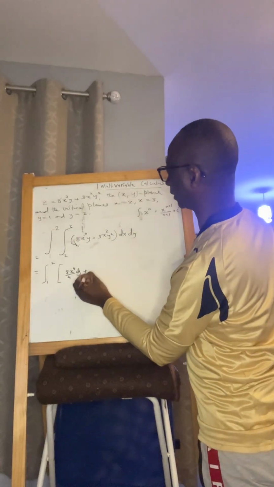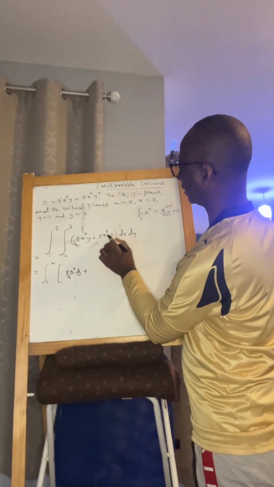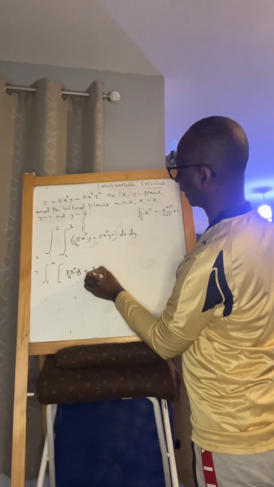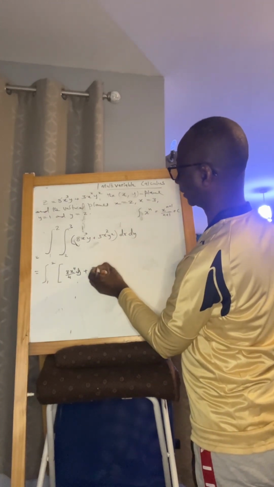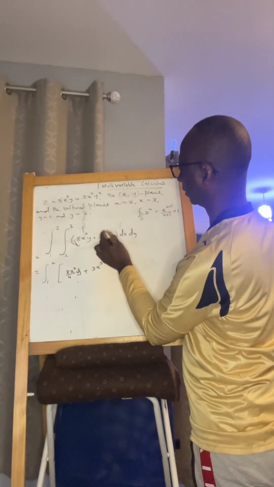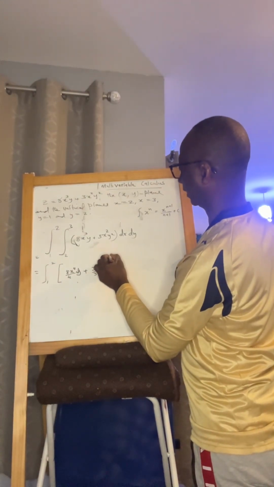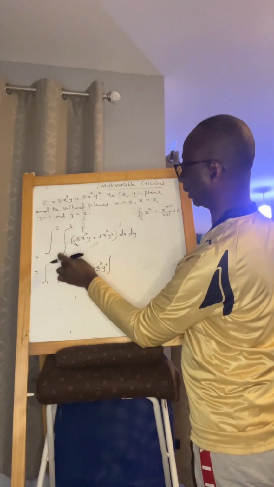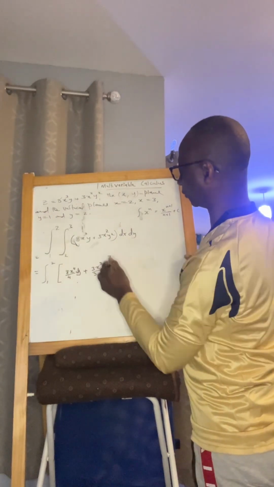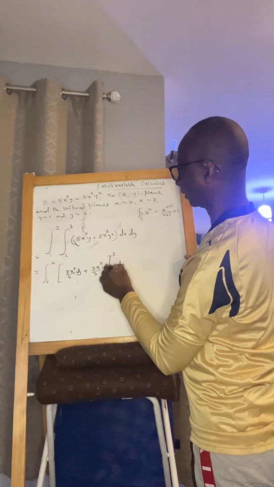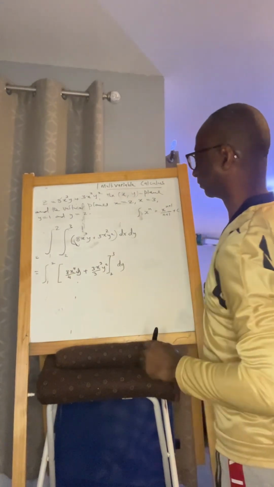So now you have plus, if you integrate this with respect to x, you're getting 3x to the power of 3 all over 3y squared. That's done. Then you have your intervals, which are 2 to 3. Then you still have your dy now for this second part.